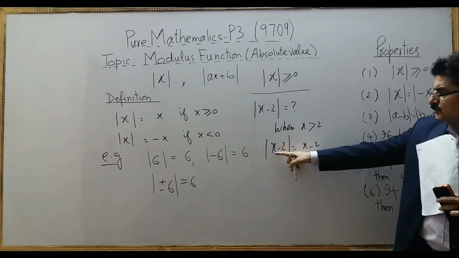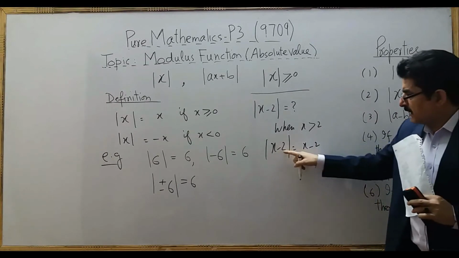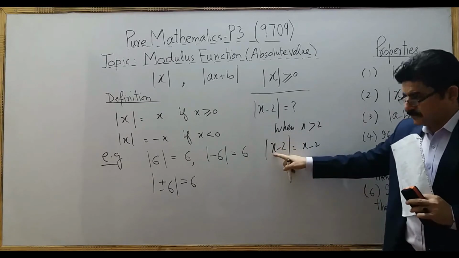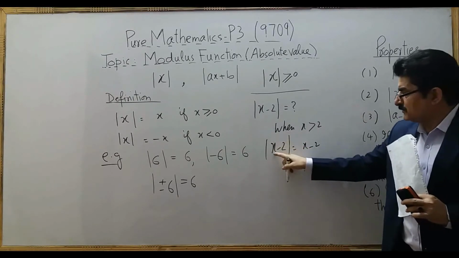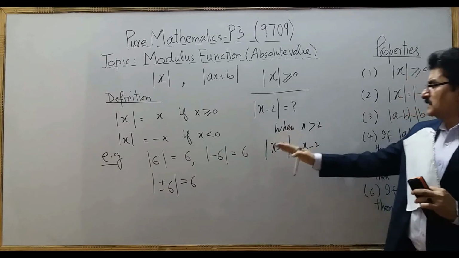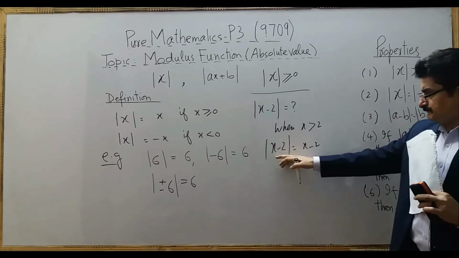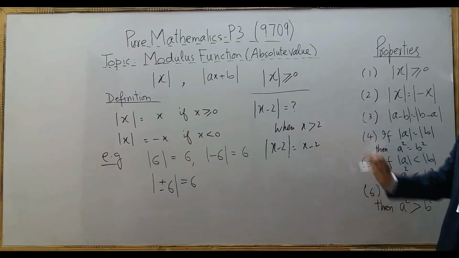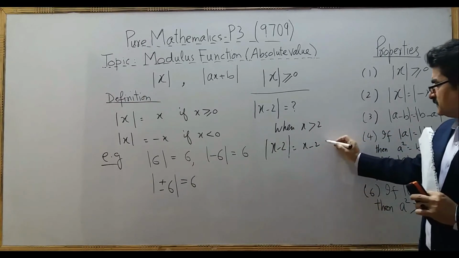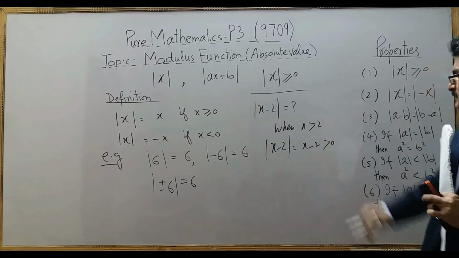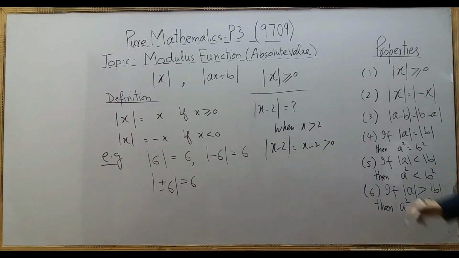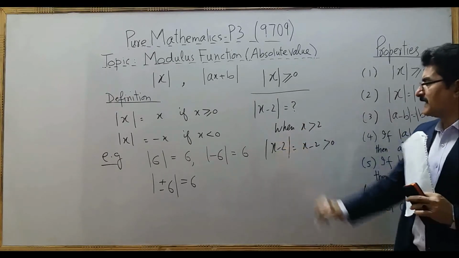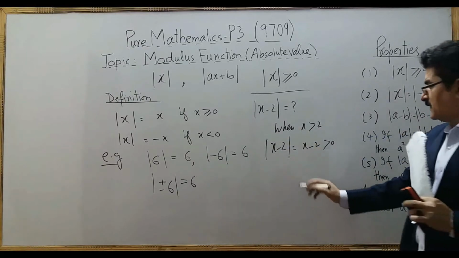If you put 3 minus 2, you will get 1. If you put 4, you will get 2. If you put 5, you will get 3. So when x is greater than 2, for any value greater than 2, this is positive. So no need of the modulus sign.